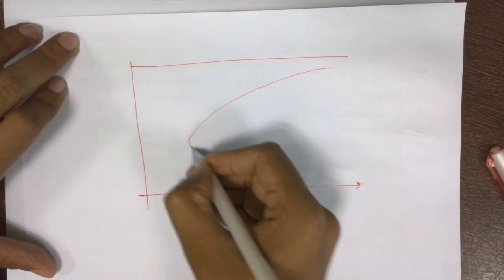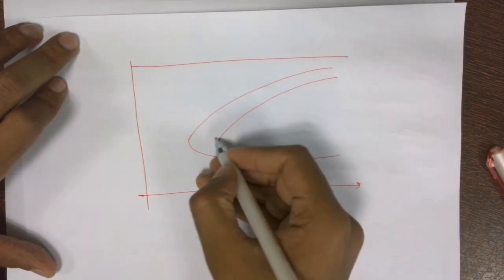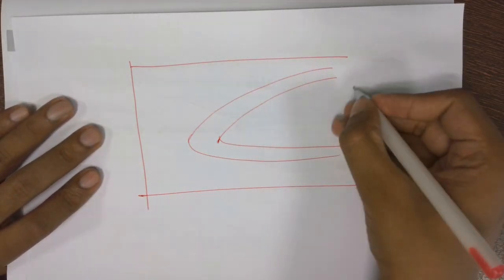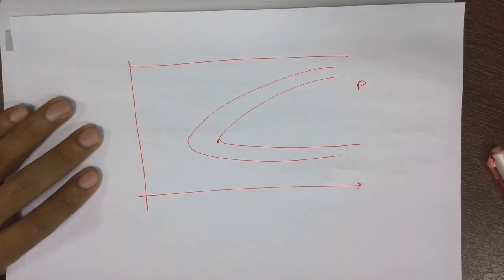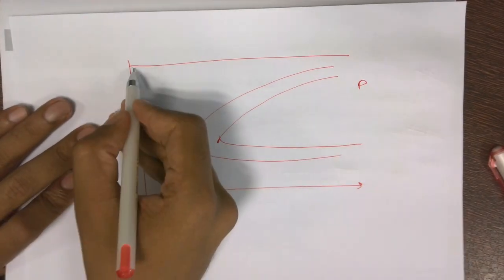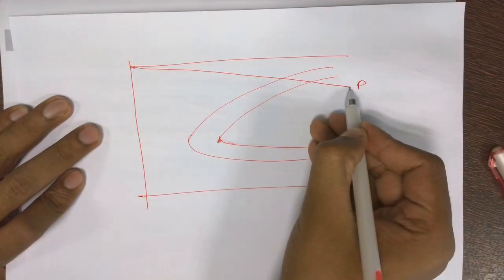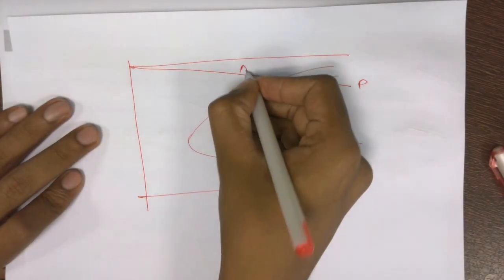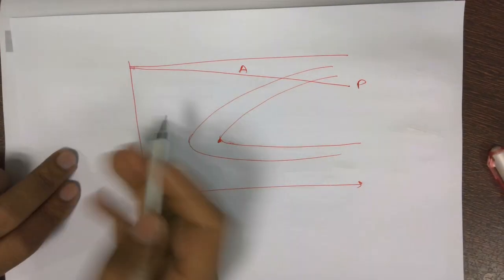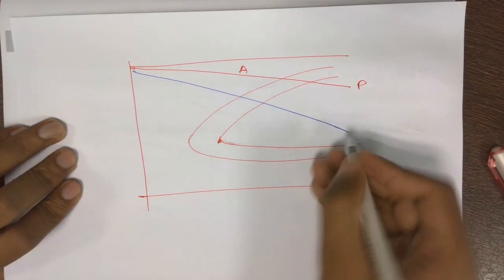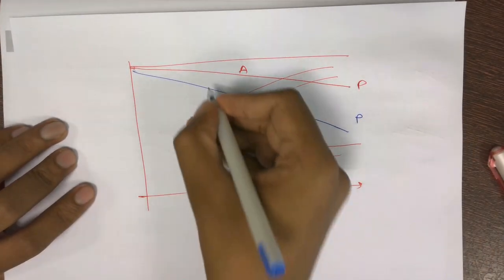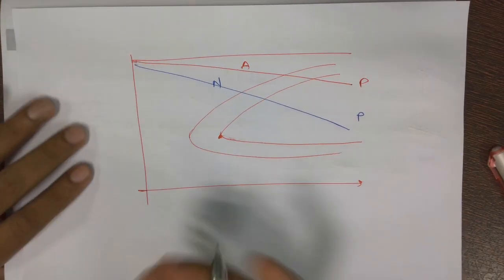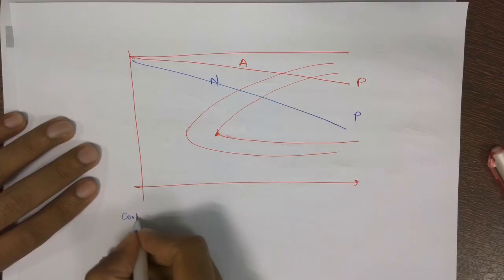Again, I will get the perlite, but this process is normalizing. When you increase the cooling rate, what you are decreasing is the time. So the time is not sufficient for grain growth. The grain growth will not happen. It means that you are producing the fine microstructure.